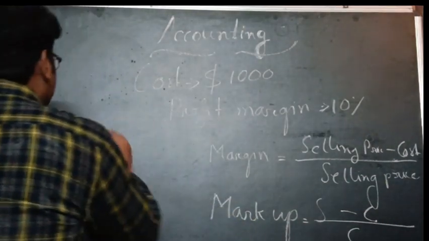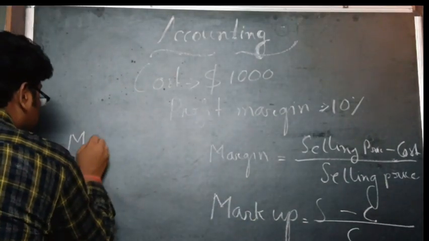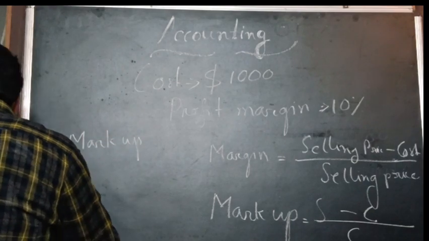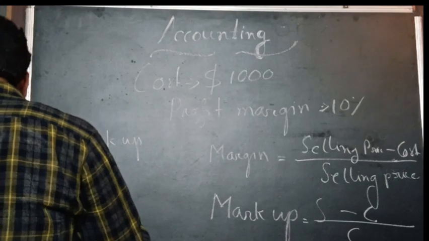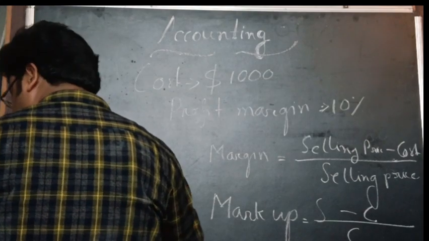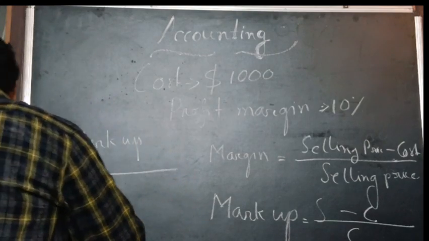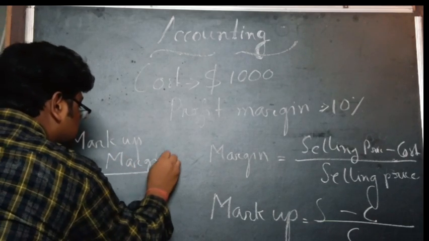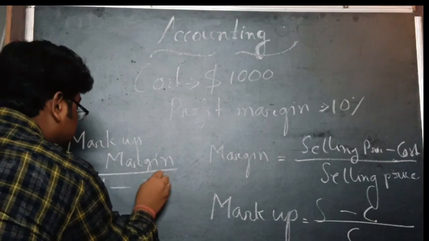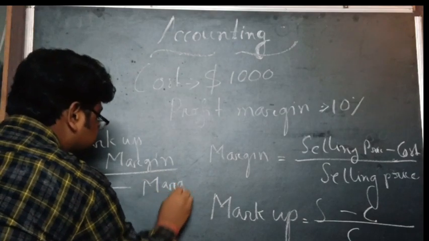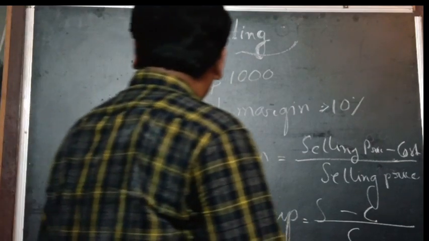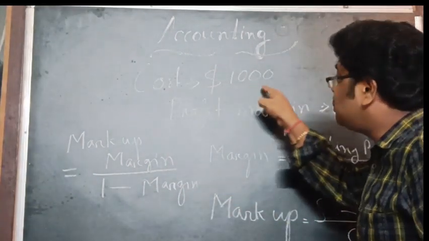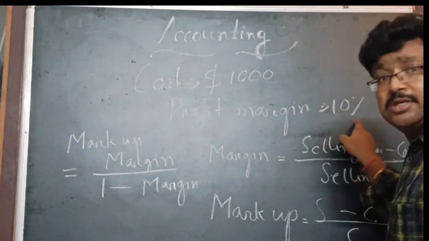Markup is equal to margin divided by 1 minus margin. This is the relation. What is the margin in our problem? The margin is 10%.